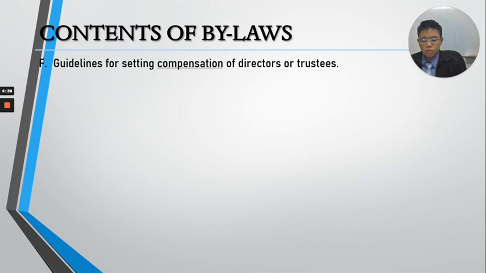But again, directors and trustees cannot participate in the determination of their own compensation according to Section 29. And please take note also again that directors or trustees are entitled to receive per diems. So even if it is not provided for in the bylaws or there is no stockholders or members resolution providing for per diems, it is allowed to be given to directors or trustees. Again, directors or trustees shall not participate in the determination of their own per diems.